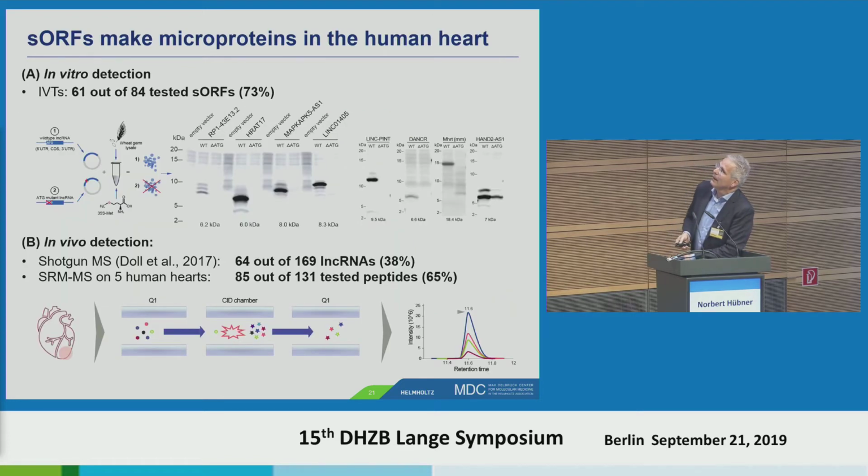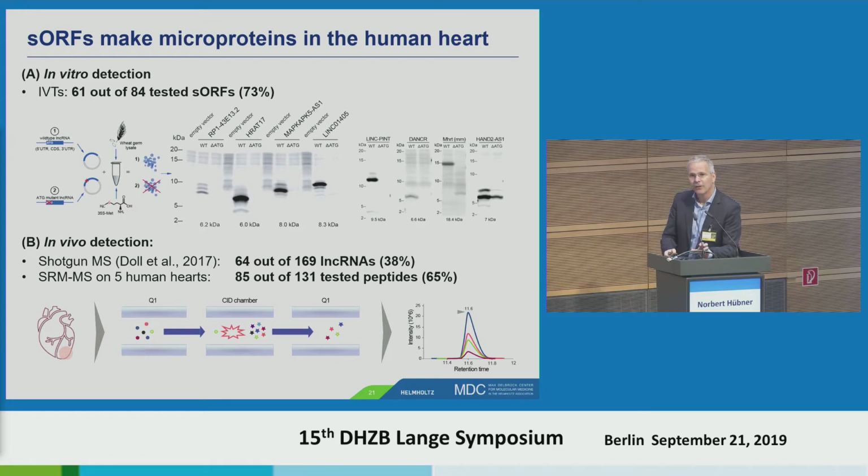Now, we then went on and characterized those microproteins in in vitro systems to show that they really can be expressed, and we have also used methods like mass spectrometry to actually identify those peptides in vivo from tissue from human hearts.